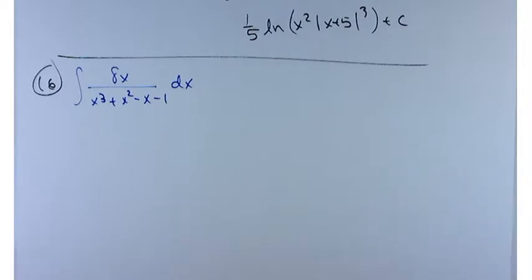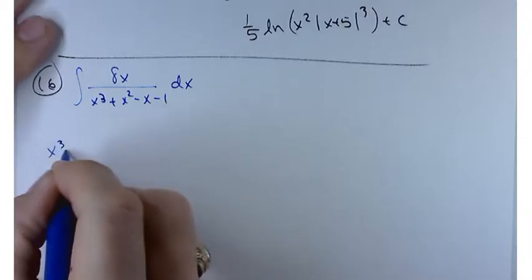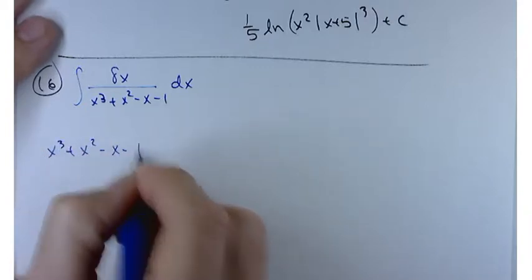Now this one looks really intimidating. It's like, well, wait a minute. Hey, come on, professor, you didn't give it to us factored. What's up with that? Well, I guess you've got to factor it, right? So let's start out by figuring out how this factors. And I'll do that off to the side here. x cubed plus x squared minus x minus 1.